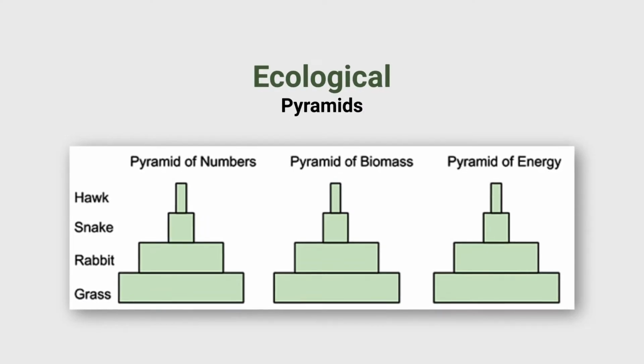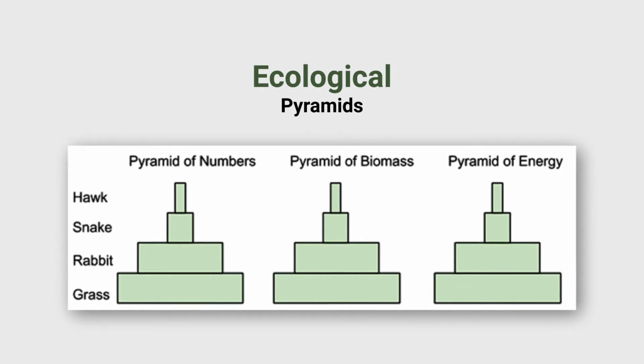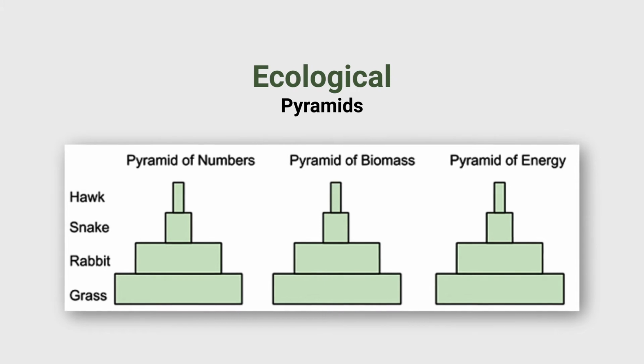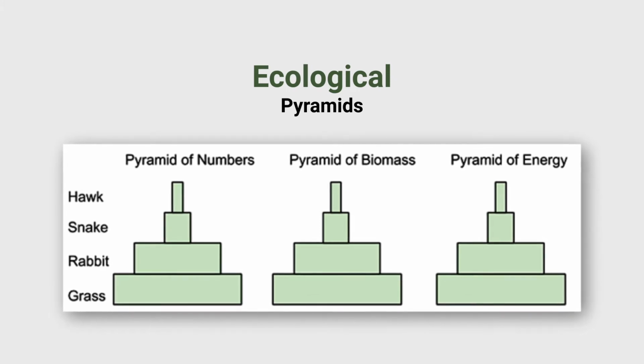For the ecological parameter number, you will get both upright and inverted shapes.